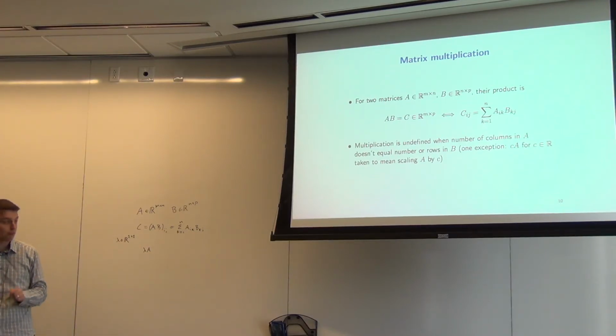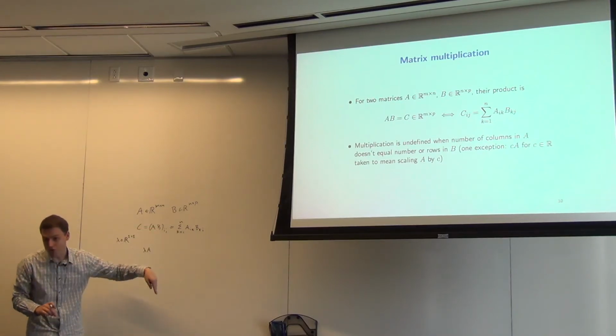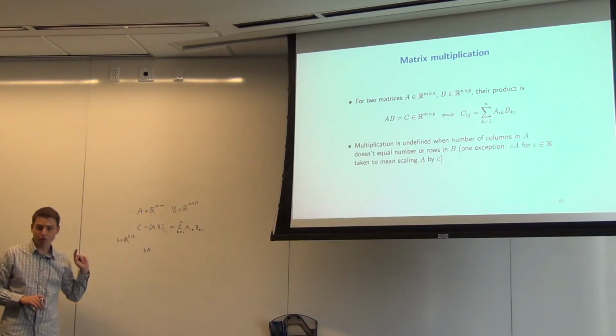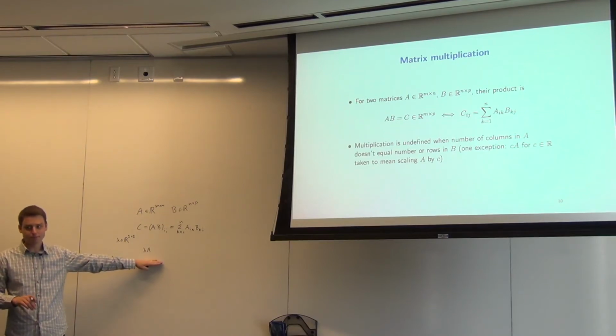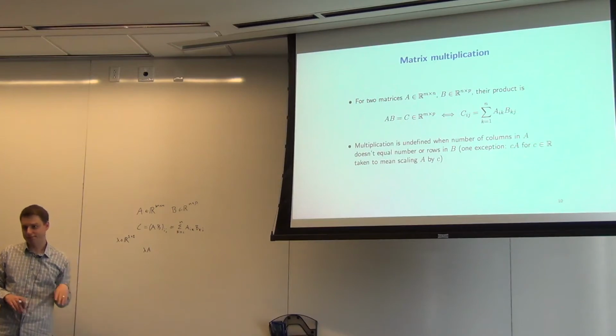This is not a matrix multiplication because A has m rows, which might not be one row. This is not a valid matrix multiplication, but it is so common that we'll just let you do it.